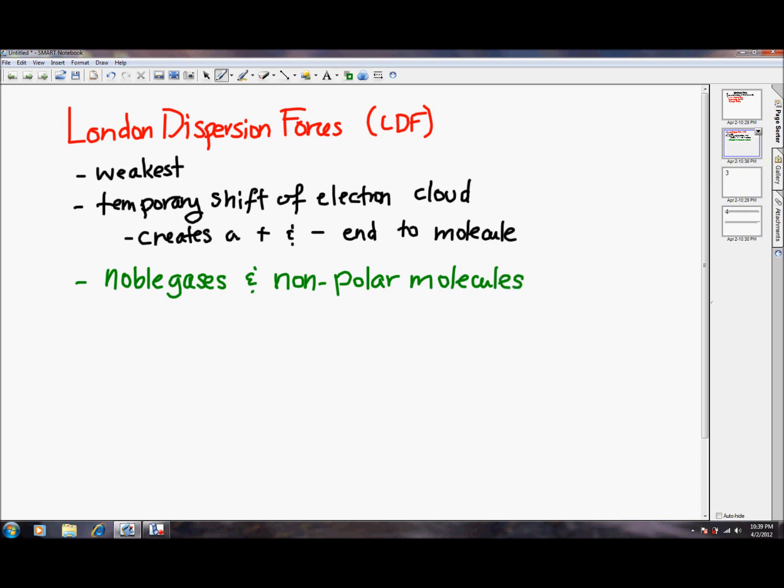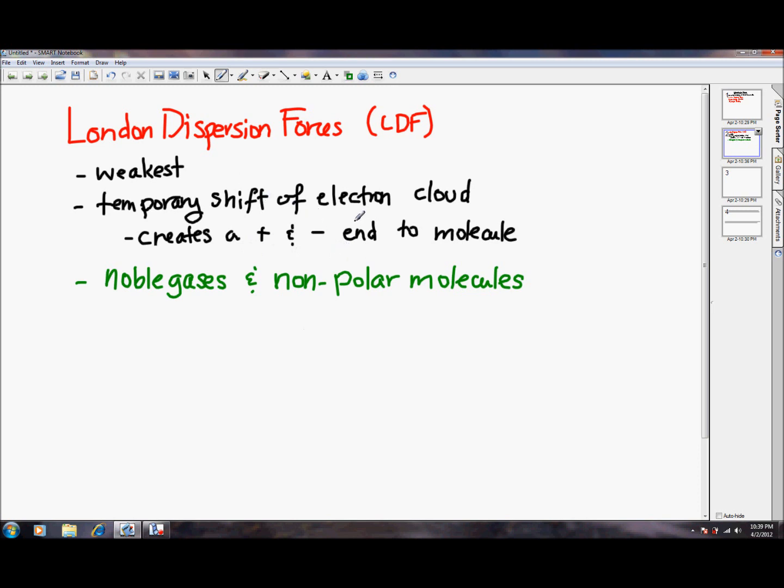Remember, nonpolar means that they do not normally have any dispersion of positive and negative charge. It's usually equally dispersed, so there's no positive or negative end. However, since we have this temporary shift of the electron cloud, even in a nonpolar molecule, you'll get a temporary positive and negative end of the molecule.